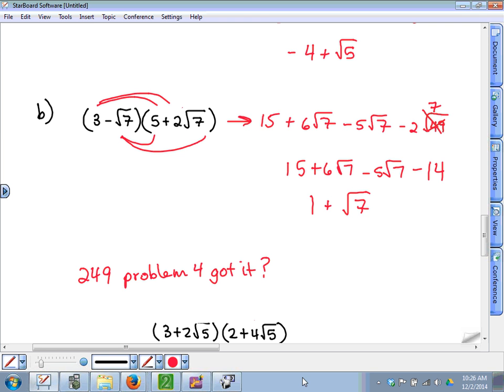I keep adding them, I don't know why. I did the last problem too, I added those two in there. Tired and can't do this.